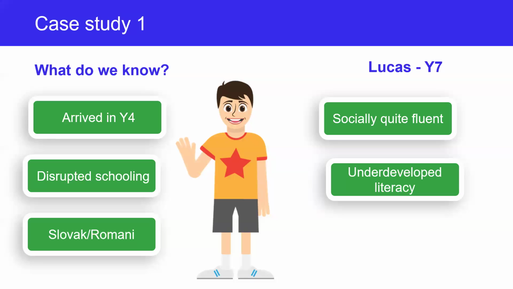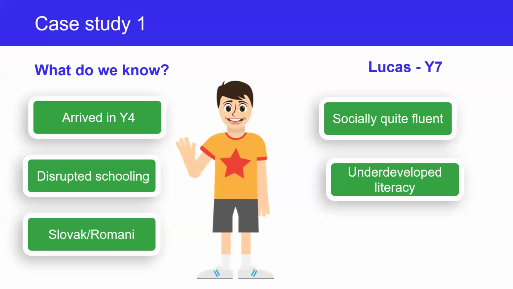I suspect a gap in his language skills will be connected to a lot of previous disrupted schooling as well. So it's really important that this information is known. What's also apparent is that this seems to match his skills in his home language.